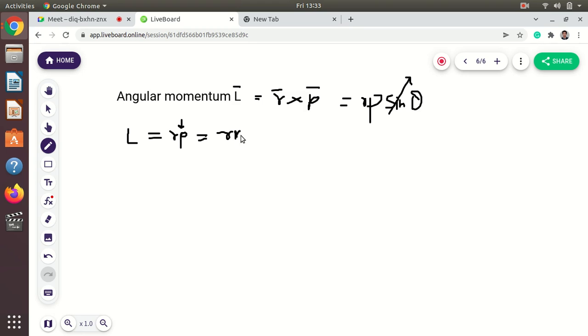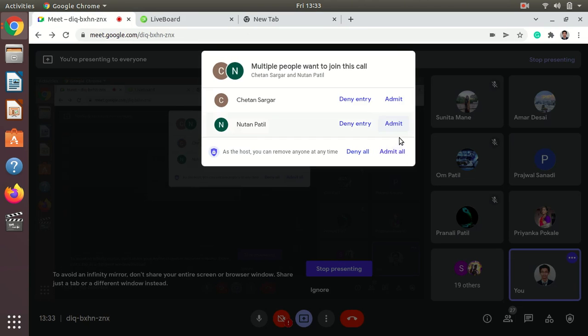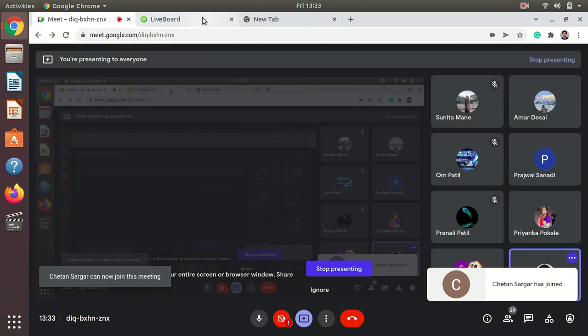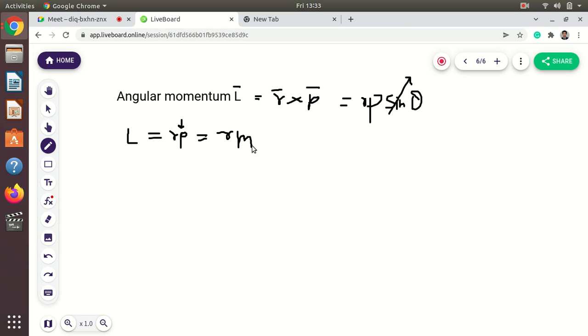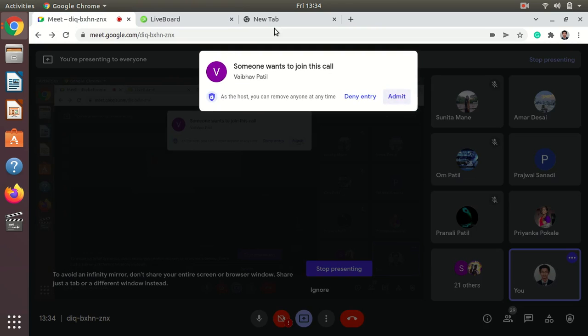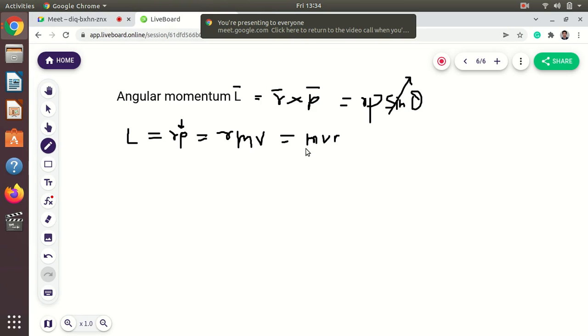As this is a magnitude, we can change the order, because these are just like constants. So I can write the magnitude is equal to m v r. The magnitude of the angular momentum is equal to mvr.